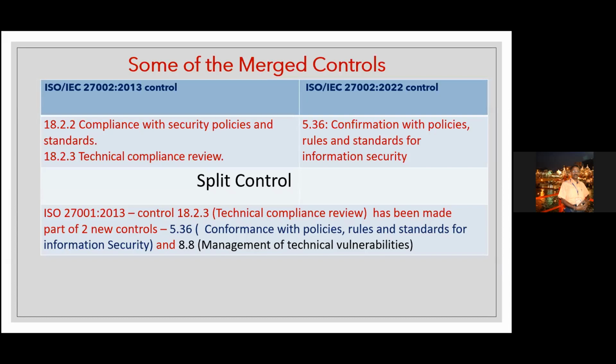One specific thing that happened in this revision is that control 18.2.3 of the 2013 version has been put under two controls: 5.3.6, which is the conformance with the policies, rules, and standards for information security, and the same control requirements have been put under 8.8, management of technical vulnerabilities. These are the changes with respect to merging and renaming the controls.